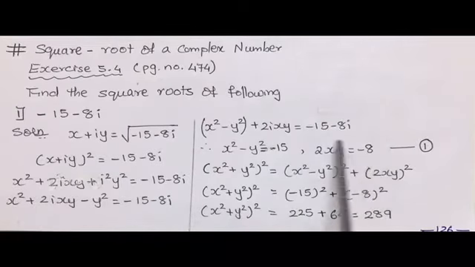Now to calculate the values of x and y, we will make another equation, and that equation is x square plus y square. To calculate the value of x square plus y square, we take (x square plus y square) whole square, which can be expressed as (x square minus y square) whole square plus (2xy) whole square.